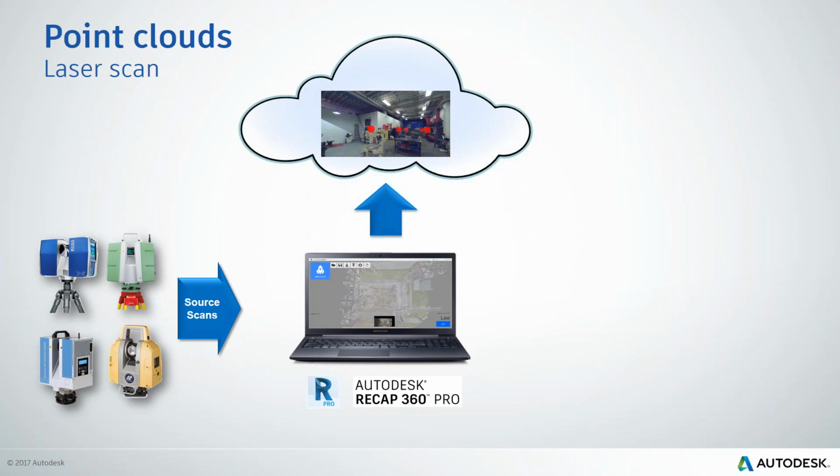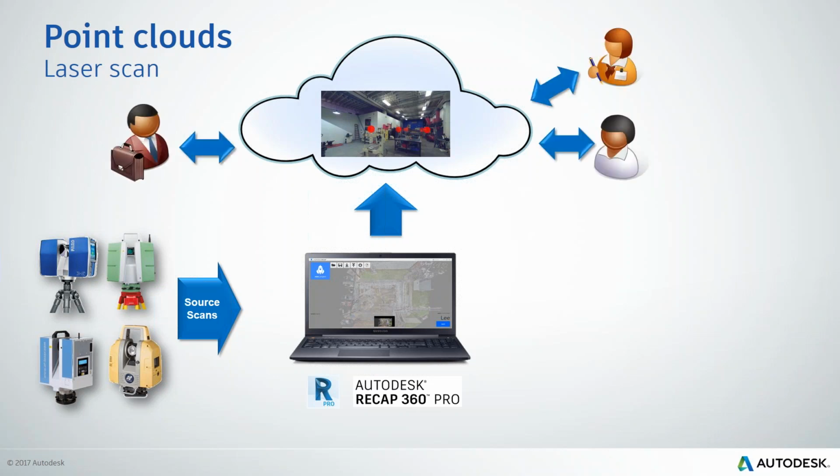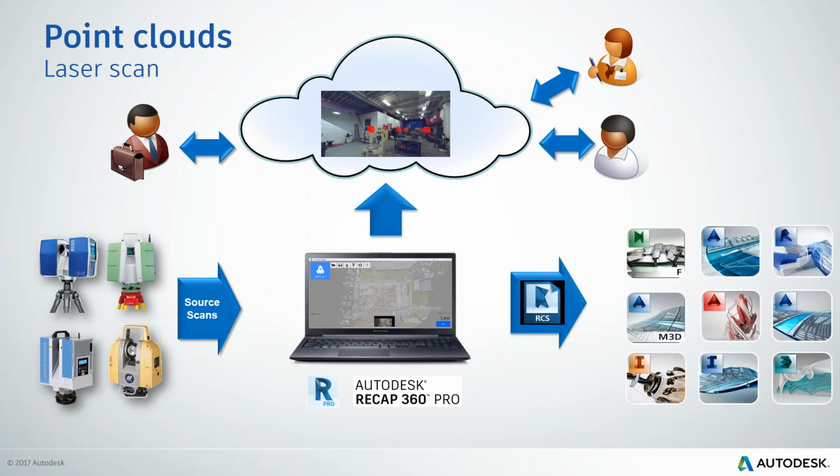Even at this point, you can share the existing conditions with other peers, so they can have a look in the cloud services and see what's going on. You can make notes, markups, etc. in these existing conditions. And more importantly, we are preparing files in the RCS format, which we are capable of bringing to any other Autodesk product.